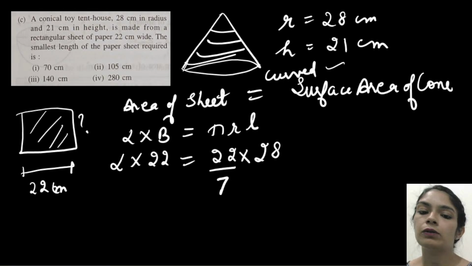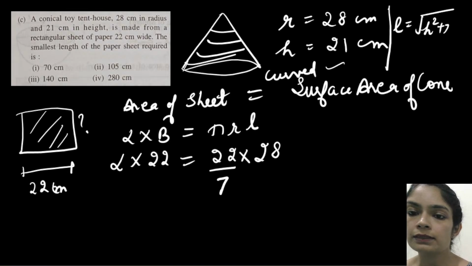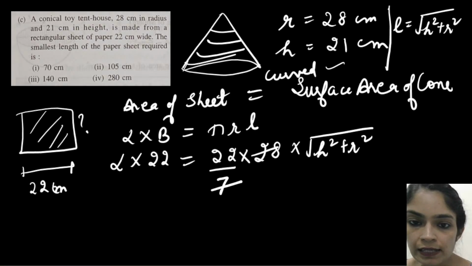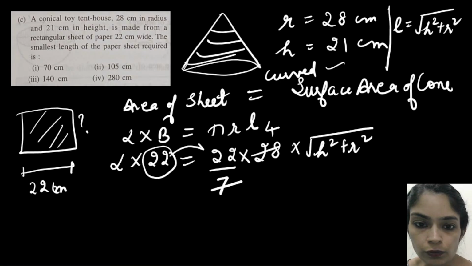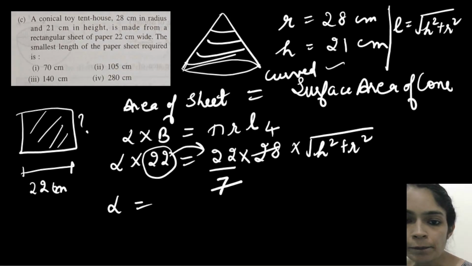Then l is not given to us, but we know l's value. We can write it as under root h square plus r square. In the next step we can just substitute. So here we can do cancellation. 7 into 4 is 28. And this 22 also let's shift to the other side. If I shift 22 to the other side, it will get divided, because here it is getting multiplied. So l will be left on this side.